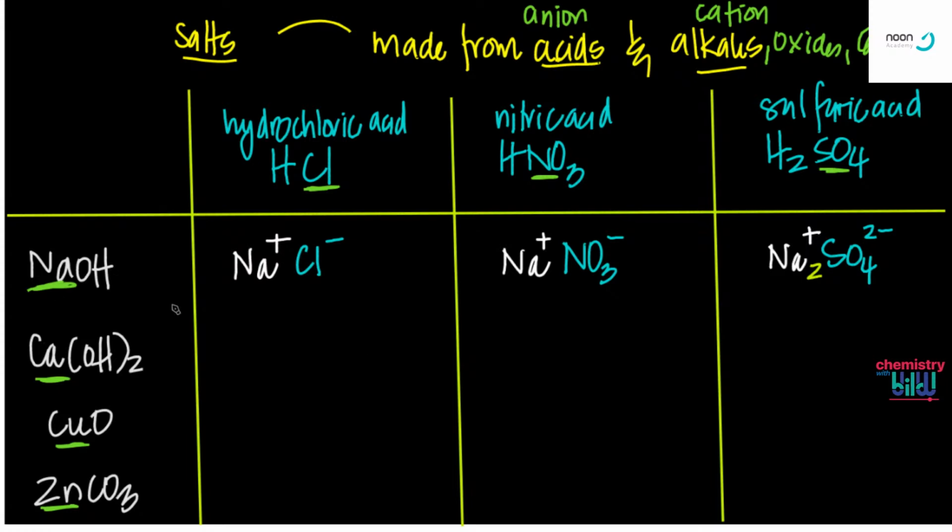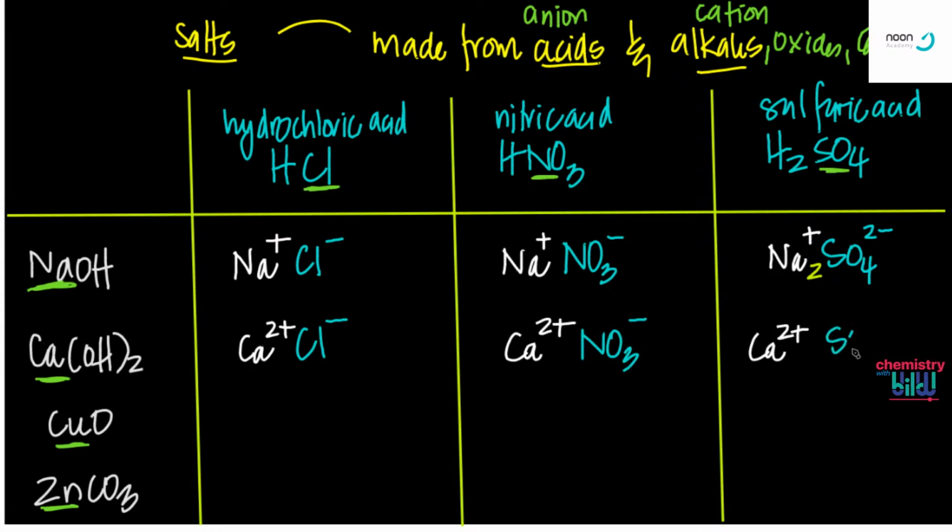Now when it's to do with calcium, it will be calcium 2 plus, calcium 2 plus. And the anion is chloride negative, nitrate negative, and sulfate 2 minus.